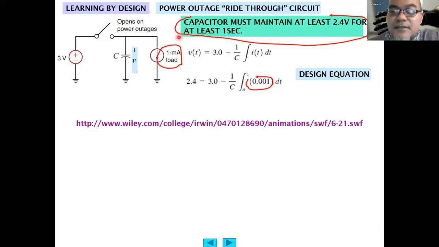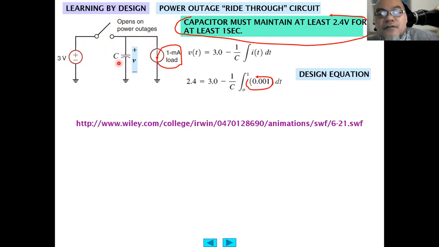So calculate the capacitor. First, V(0) equals 3, the initial voltage, using the integral form of the capacitance law. After this is turned off, the capacitor will start to discharge to this load. When it is turned on, the voltage here will charge this capacitor as well as flow into this 1 milliampere load.